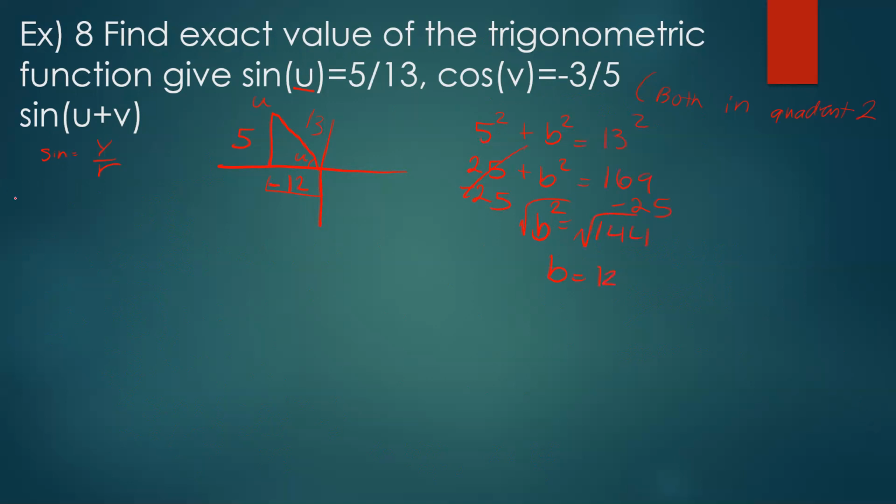So this is what we need to find, sine of u plus v. And the reason why I'm drawing two triangles, one for each u and v, is because we're going to need sine of u and cosine of u.